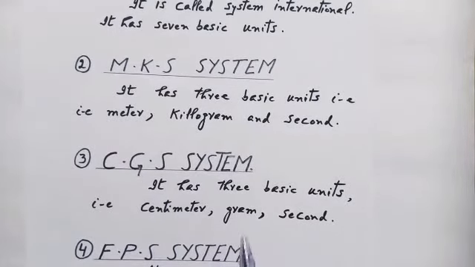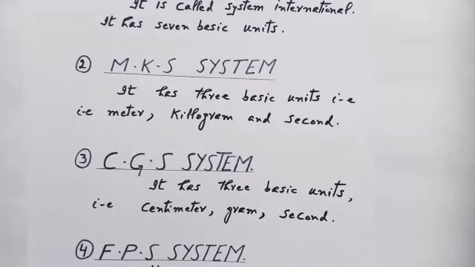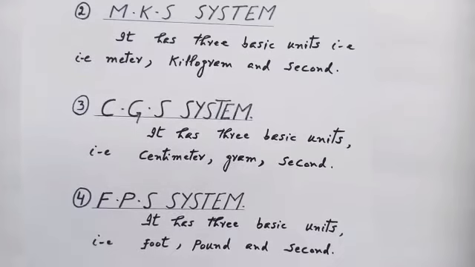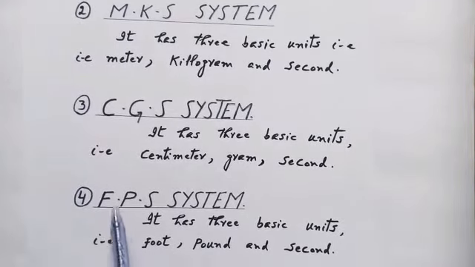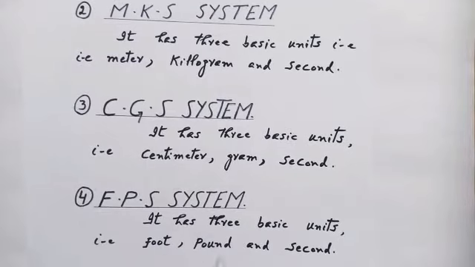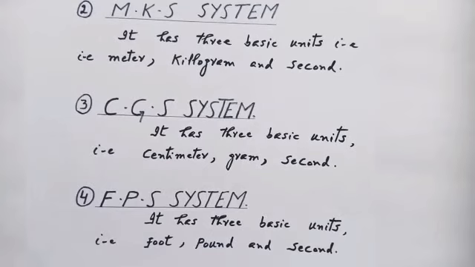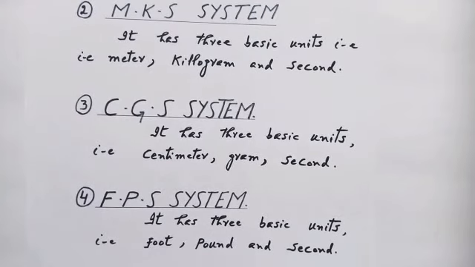Centimeter, gram, second, these are 3 basic units and all other units are derived units. Then we have FPS system, foot, pound, second. Foot, pound, second, these are 3 basic units and all other units are derived units. These are 4 major system of units, and every system has its own basic units and derived units.